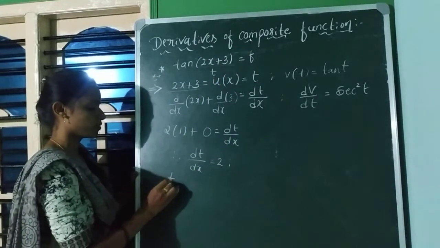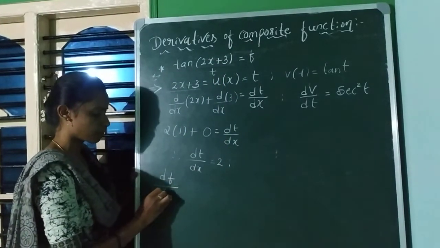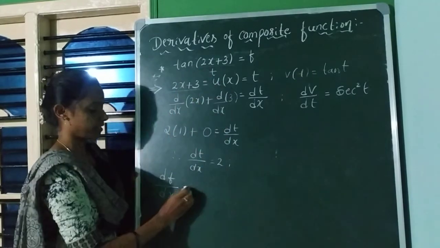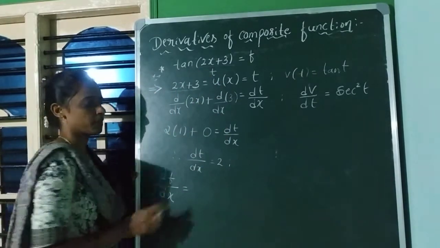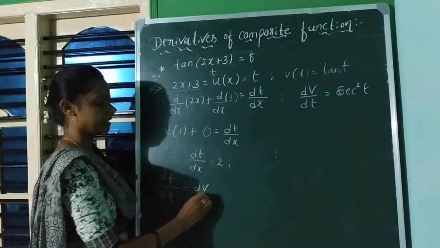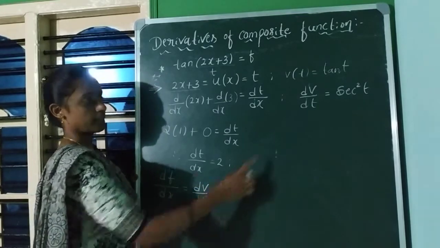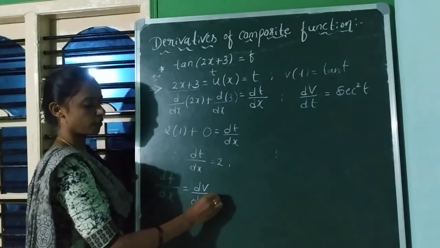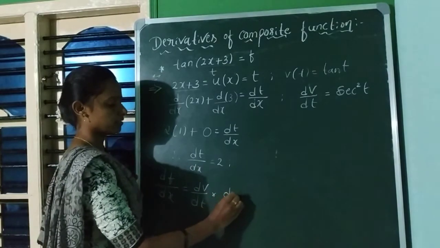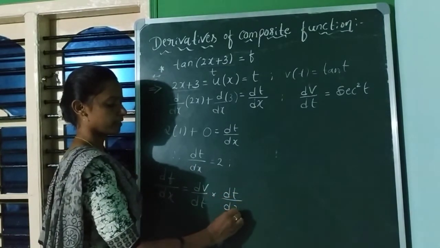Now this function you need to differentiate with respect to x only. Hence we can write this as the product, dv divided by dt into dt divided by dx.